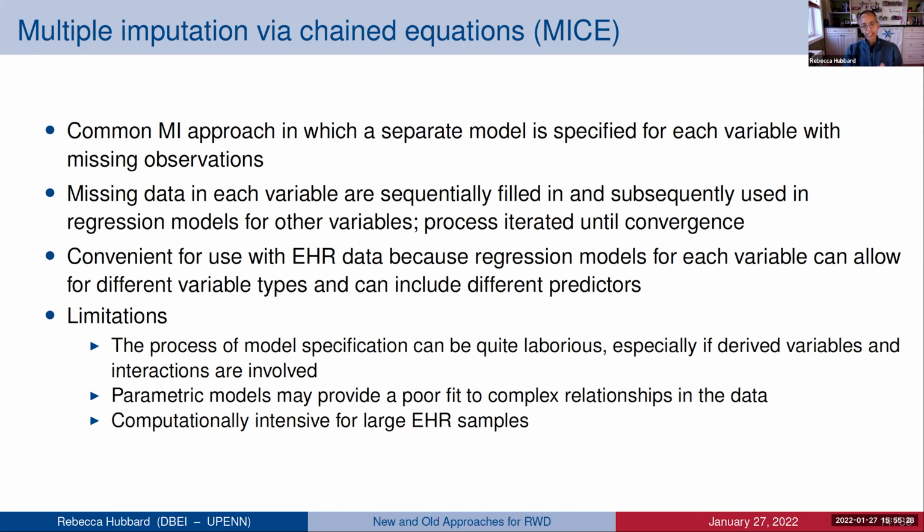We'll fit that model using the complete cases, make predictions for the missing observations, then incorporate those predictions into new models for the other variables with missing data, update our predictions, update our models, update our predictions, update our models, et cetera, until convergence.